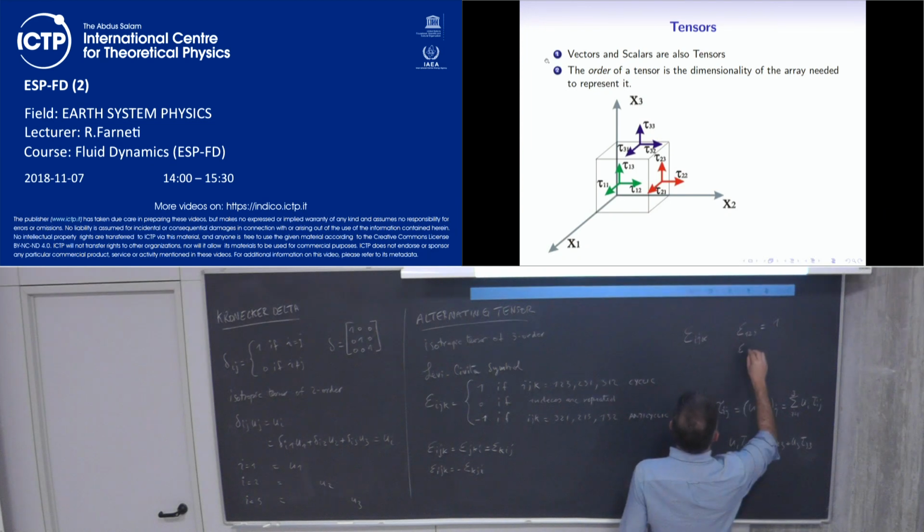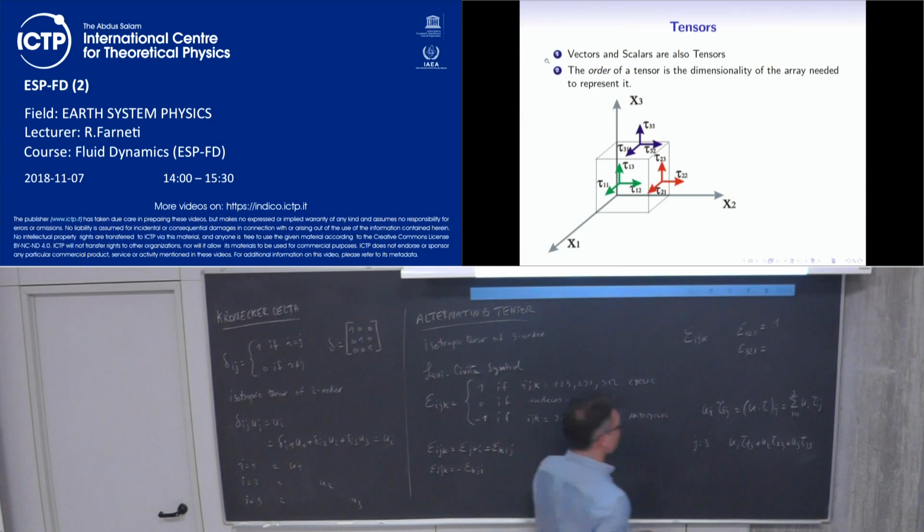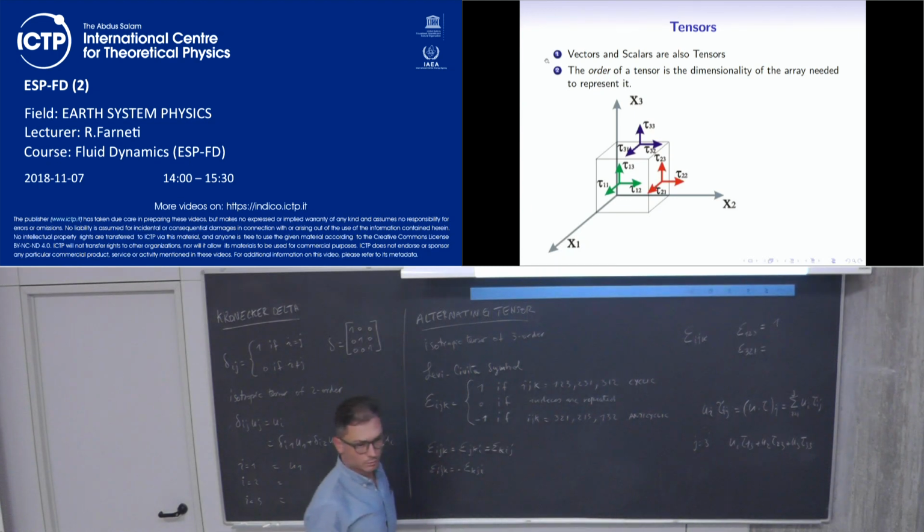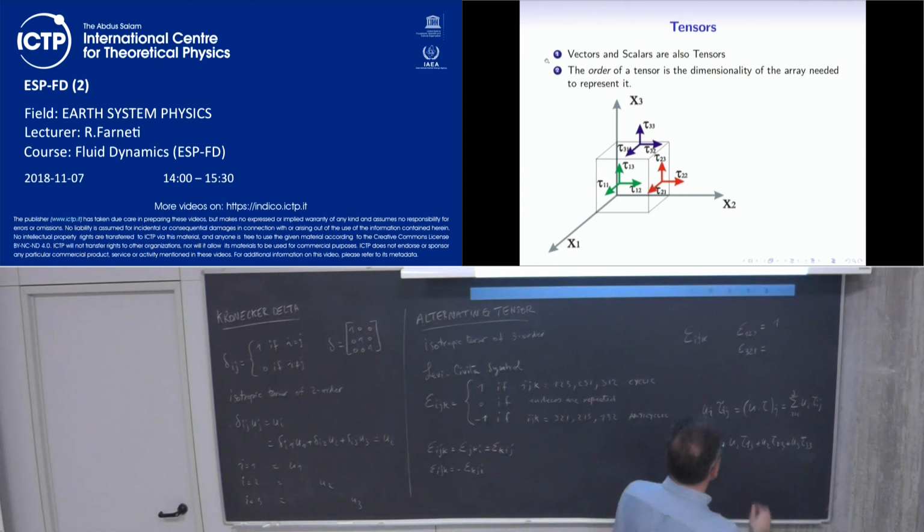If I have 3, 2, 1, what is this equal to? Minus 1. And if you have 1, 2, 2, what is this equal to? 0.